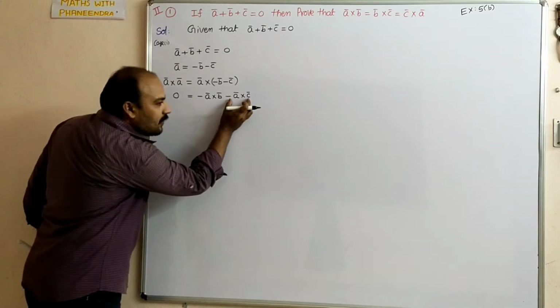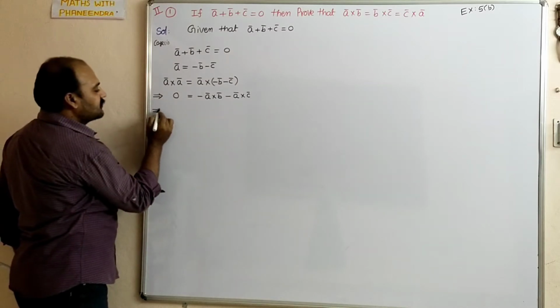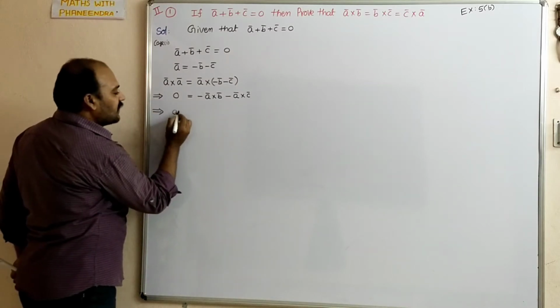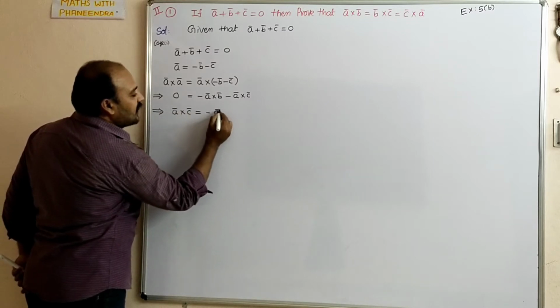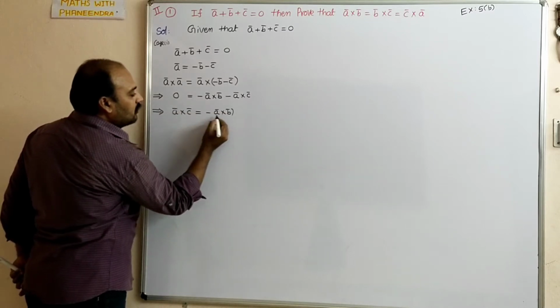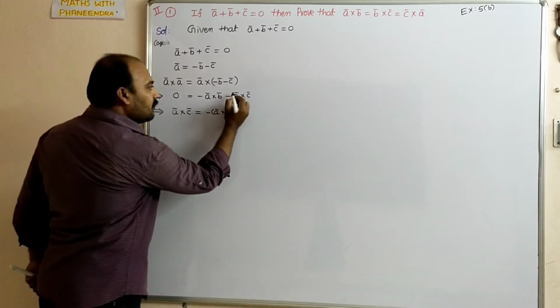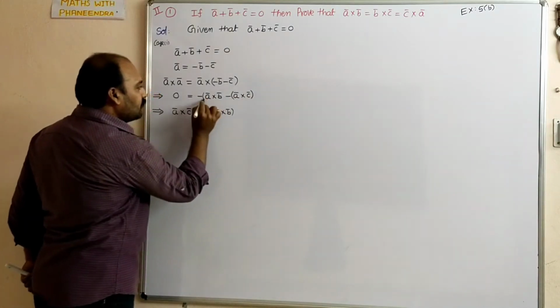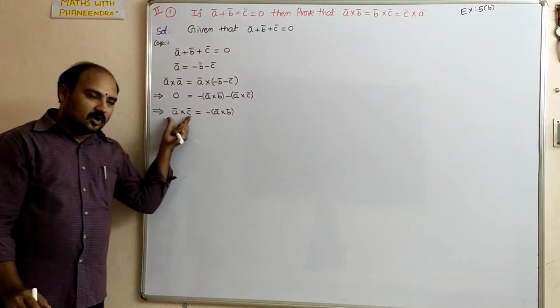This minus a bar cross c bar we are taking to the LHS. It becomes plus a bar cross c bar, which is equal to minus a bar cross b bar.